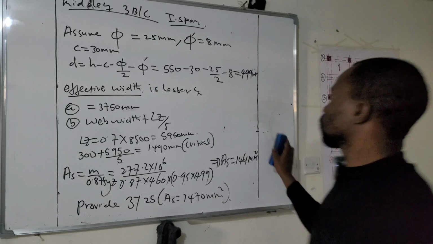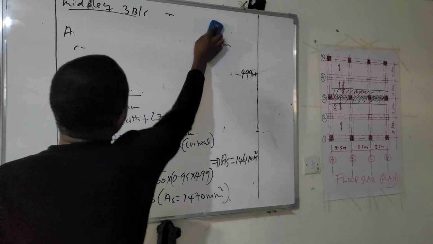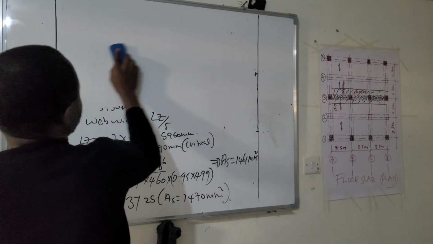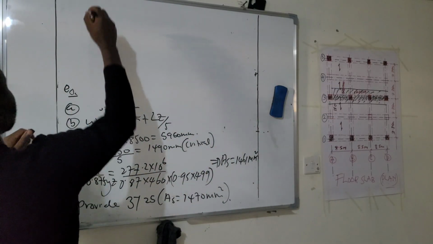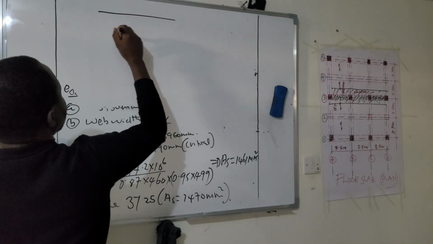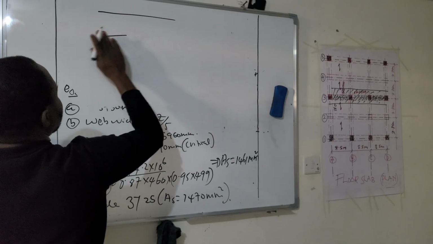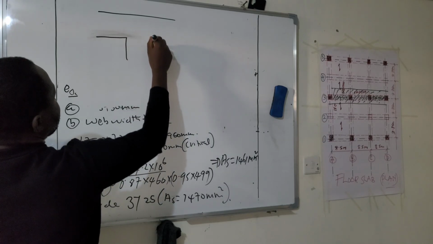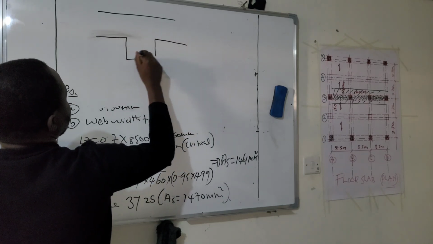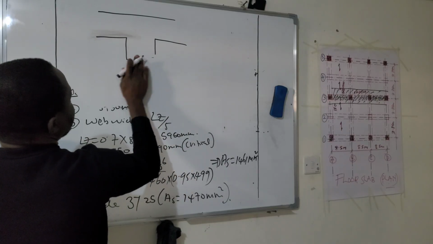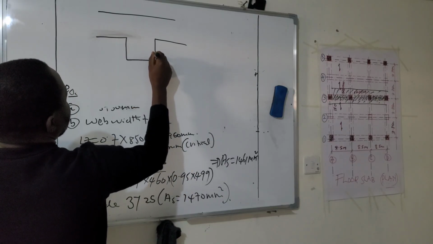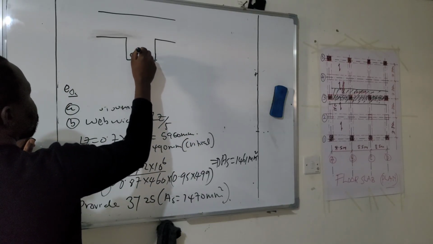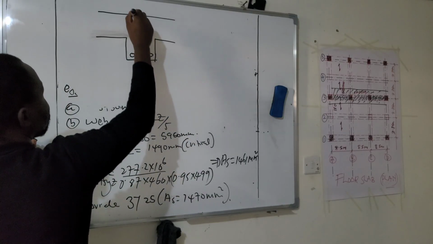And then you can draw the section. So this will be the section. So you have three number, 1, 2, 3.